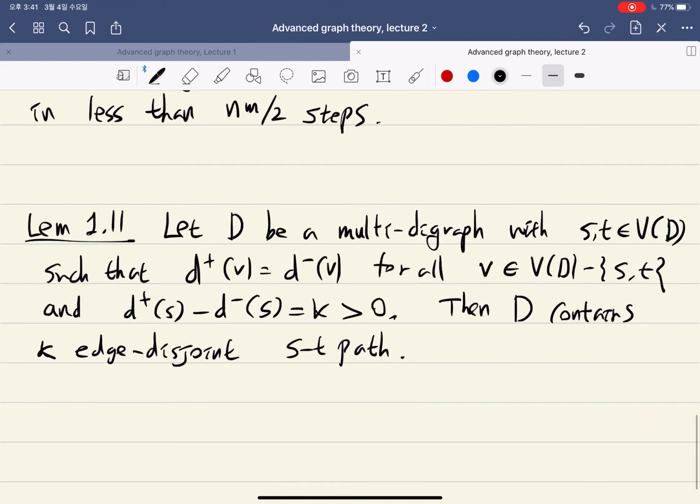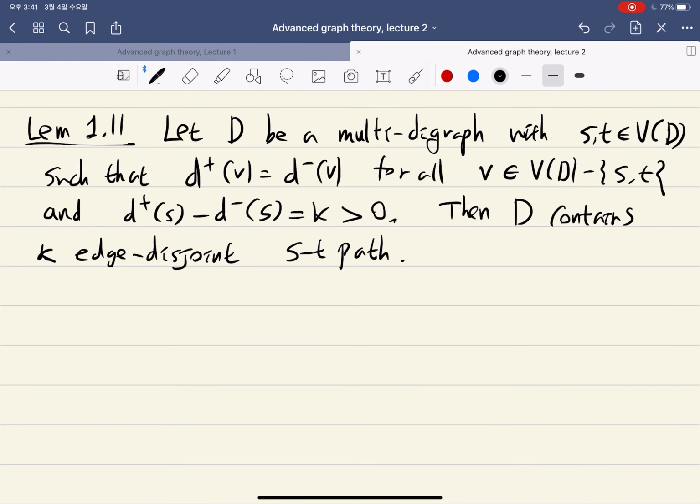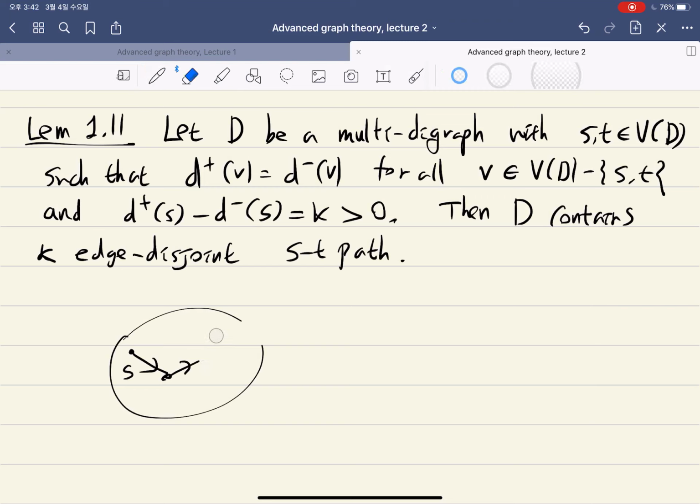So why is this lemma true? Just consider the case when k is 1. We want to find just one path. We have this S, and we just move to another vertex, and we keep moving, and once we hit T, we are done. If it never hits T, then we have to end at a certain vertex, because there are finitely many vertices.